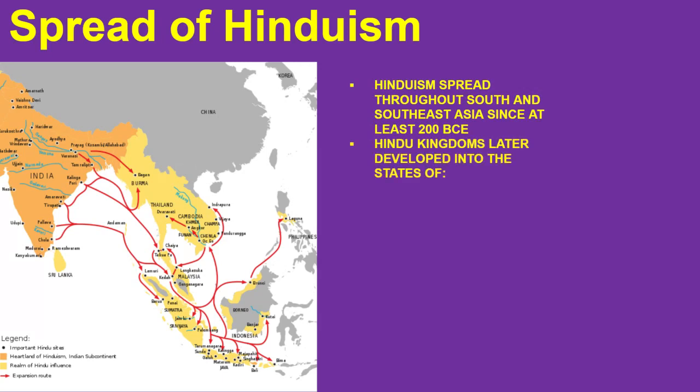We know that Hinduism spreads because we have Hindu temples and Hindu buildings developing all across the Southeast Asian world during this time period. The other thing that helps us understand the spread of Hinduism and Indian culture out of India is the existence of not just temples, but different trade goods and different governmental systems in places like Champa, Khmer, and Srivijaya that are very, very uniquely Indian, right?